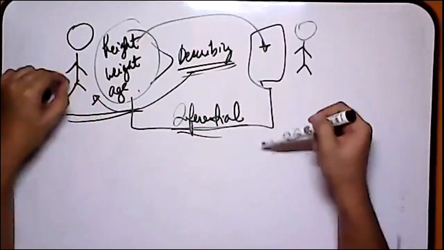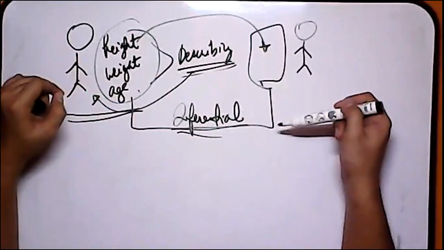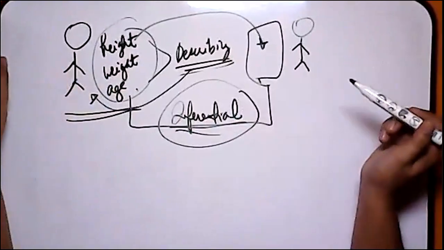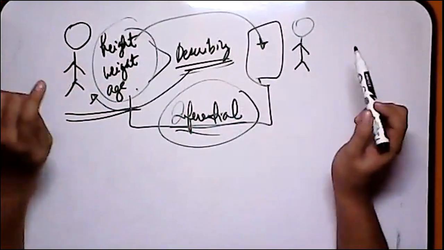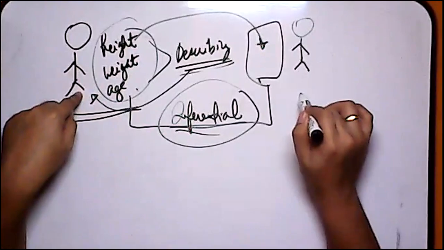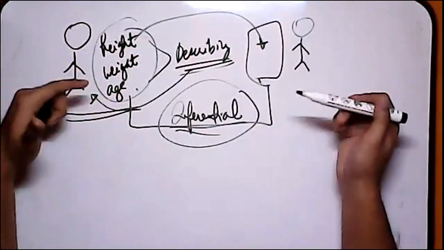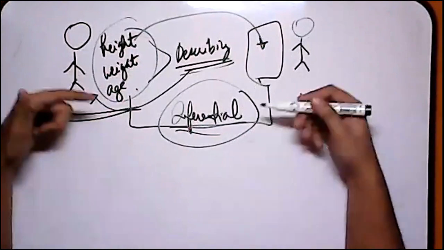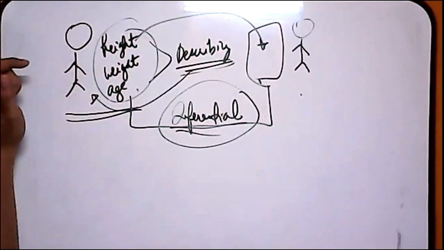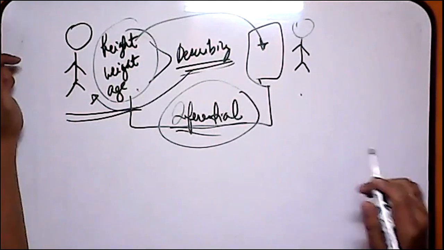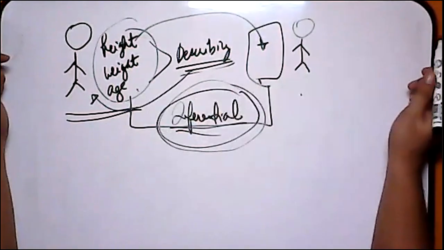So whenever we compare two variables or the other, we're not doing descriptive statistics anymore, but we're doing inferential statistics. For example, is the height of this person different from the height of this person? Or is the age of a person related to the weight or the height of the person?